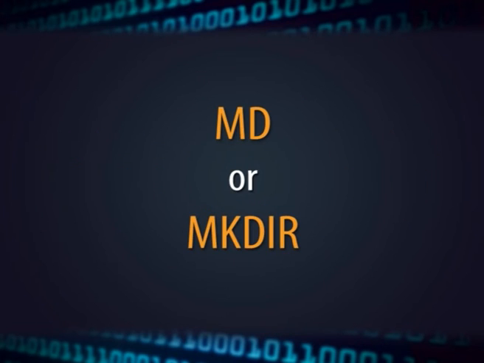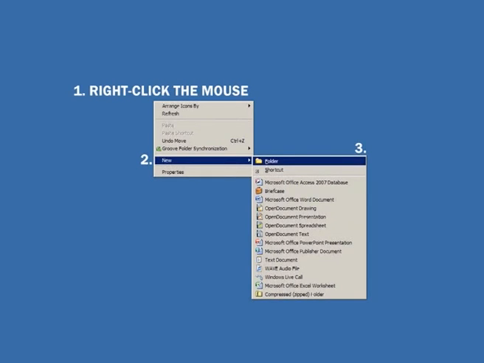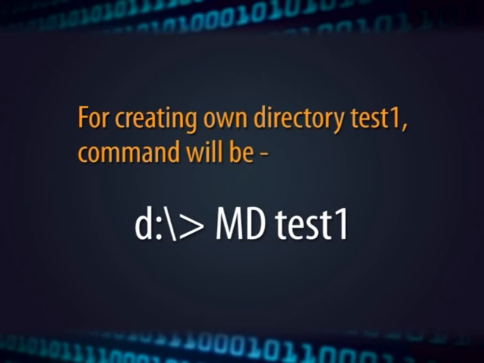The next DOS command is md or mkdir. md, that is make directory, is for creating directories. It is the equivalent of the Windows new folder command. If a user wants to create his own directory test1, then the command will be d:/ prompt, md space test1.